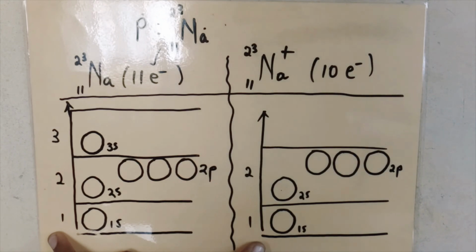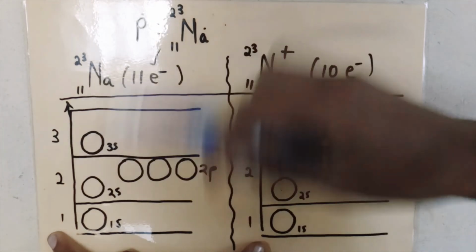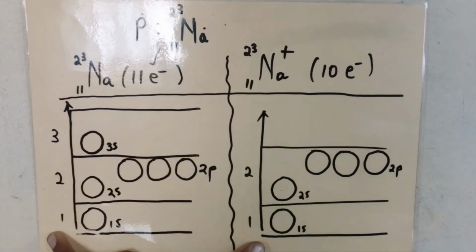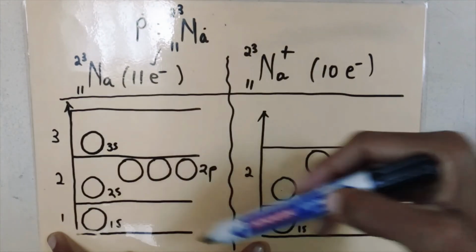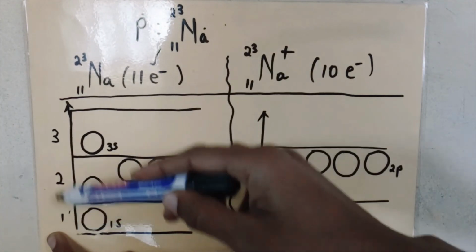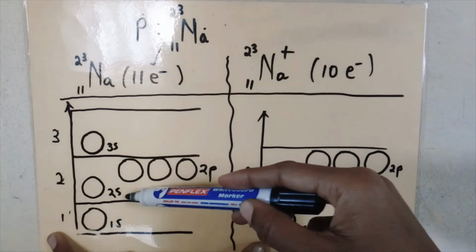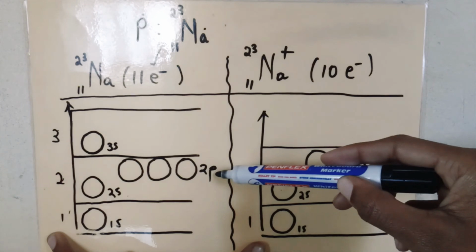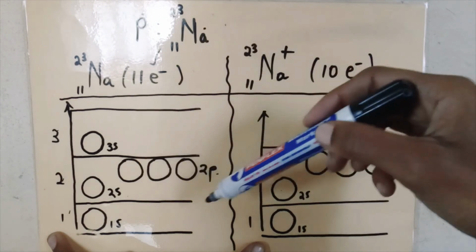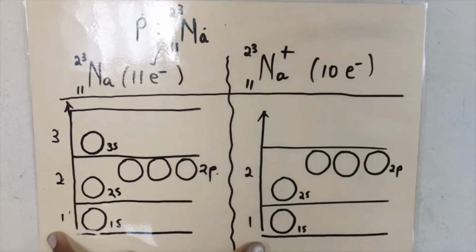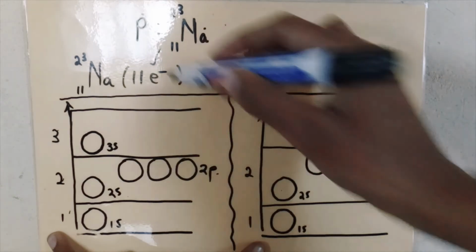And now let's just draw the Aufbau diagram for the element sodium, not the ion. So to do that, remember to draw an Aufbau diagram, you just draw that, and then you have energy level 1, 2, 3, and then you have your 1s orbital, 2s orbital, your 2p orbitals, they're identical, and then your 3s orbital. So we know it has 11 electrons.